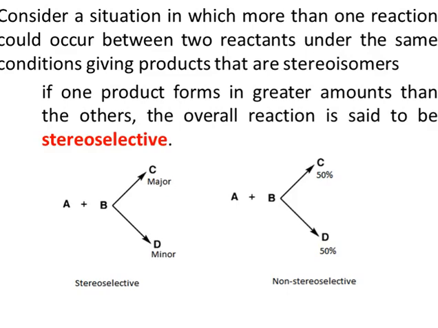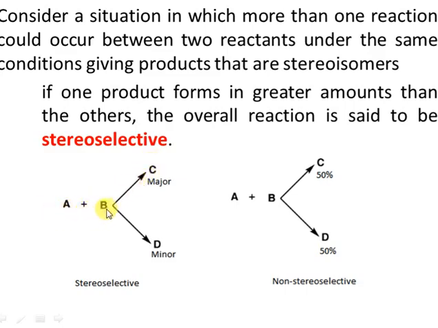Again, we have this concept of considering which of the reactions will be stereoselective or which of them will not be stereoselective, right? So consider that we have two reactants A and B and they are forming two different products. So whenever you are getting two different products, it means that A and B have two possible reaction routes.